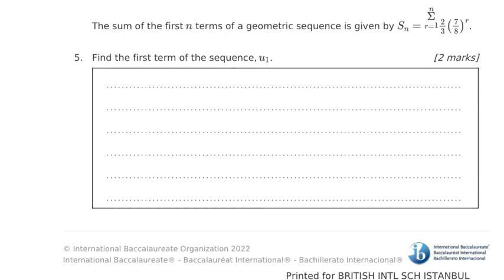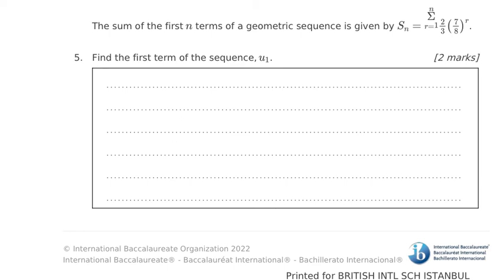Question 5. The sum of the first n terms of a geometric sequence is given by Sn is equal to the sum of 2/3 times 7/8 to the power of r between r equals 1 and r equals n. Find the first term of the sequence, u1.